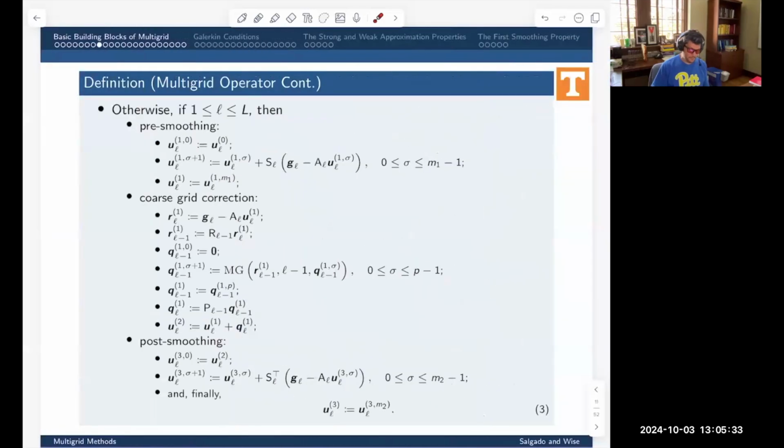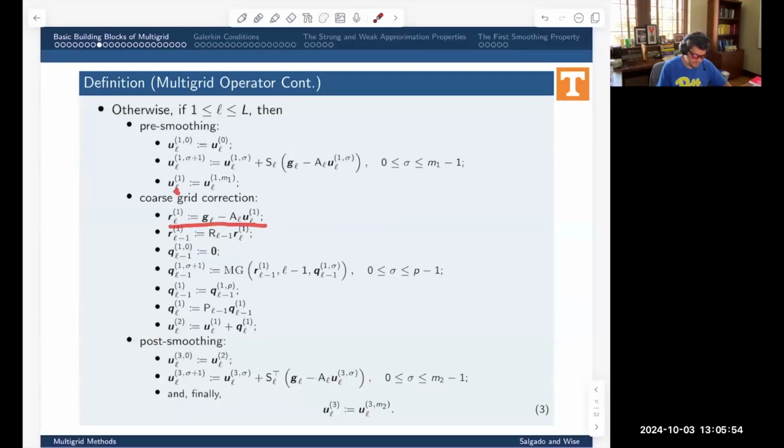Now, the most important part of multigrid is what's happening here in the coarse grid. Some of it is a lot like what happens with the 2-grid algorithm, and some of it is completely different. What's like the 2-grid algorithm is that we calculate a residual vector from the smoothed vector.